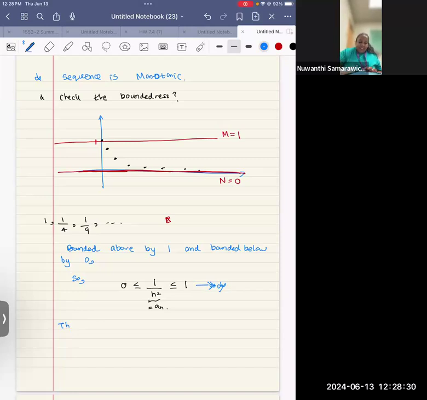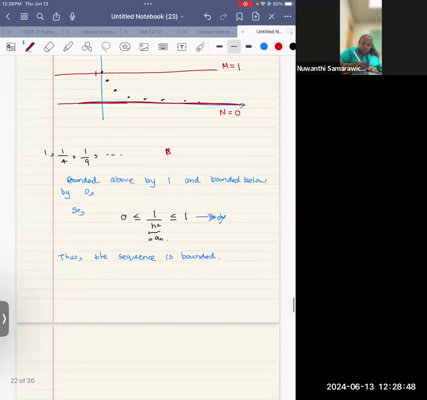Okay, sorry. So we can say, yes, the sequence is bounded. So we showed the sequence is bounded and monotonic.